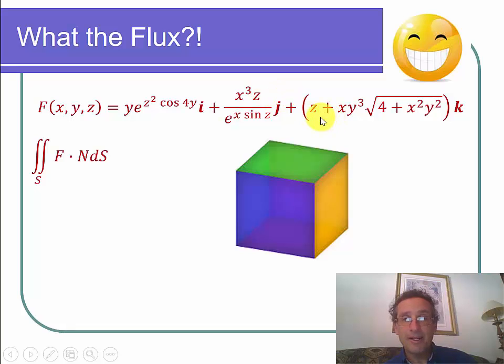The third component does have a z, but it's just z plus some messy function of x and y. And I can very easily take a partial derivative of the third component of F with respect to z, and I just get 1. So in particular, the divergence of F will be 0 plus 0 plus 1. When I want to find out what the triple integral over the solid is of the divergence of F dV, the divergence of F is very beautiful.